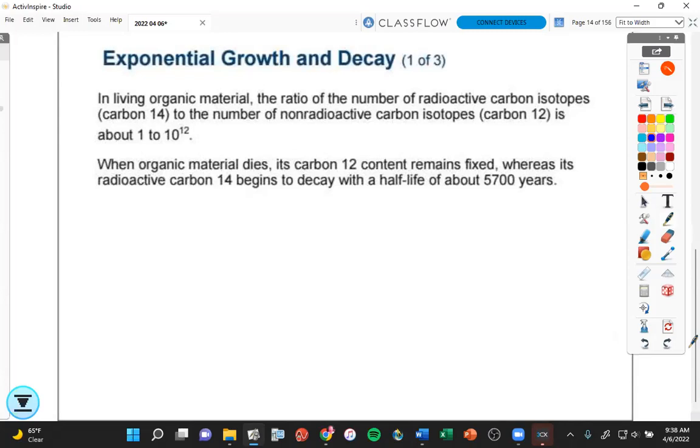And 5,700 years for half of that to be gone. And 5,700 years for half of that to be gone. This is exponential decay. It's going to start going pretty fast, right? But when you start taking half of a half of a half of a half of a half, it kind of looks like you're not taking anything away. So there's the information for our problem.